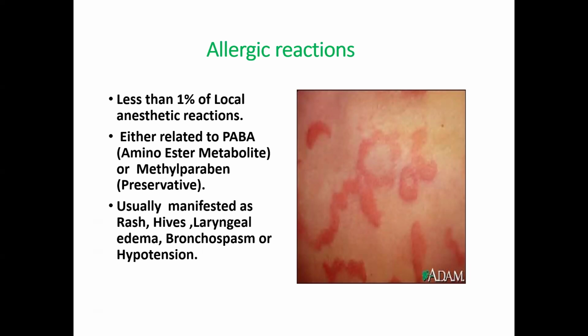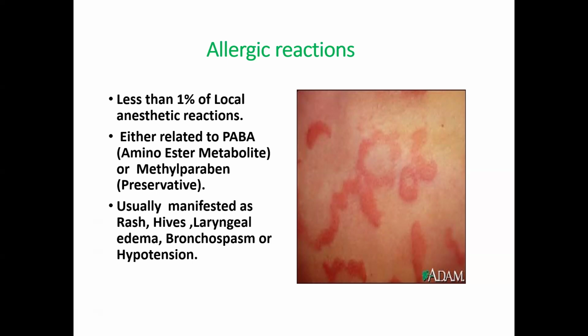This is some form of the allergic reactions that are produced by ester local anesthetics. And it's usually, as I said, related to the preservative, which is methylparaben, or the PABA, which is the metabolite of amino esters after being attacked by the plasma esterase. And it could manifest in rash, hives, laryngeal edema, bronchospasm, or hypotension.